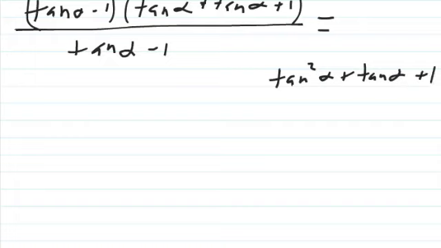Now here's where we have a choice. We can say, oh, well those cancel, in which case these two pieces are identical, so we've proved our identity.